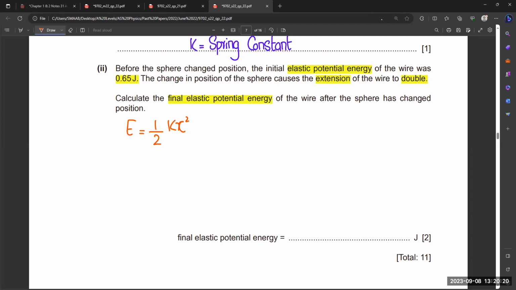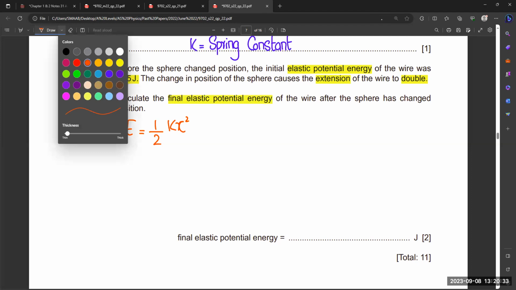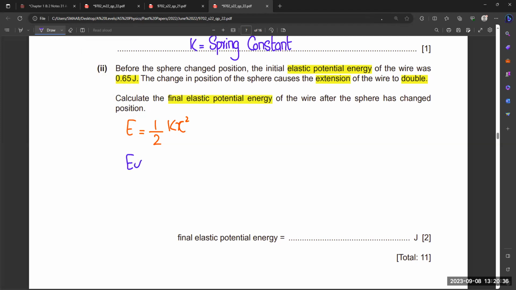Basically, they are saying that the change in position of the sphere causes the extension of the wire to be doubled. So according to this equation, we can say that energy is directly proportional to x square, right? So if x will double, E will also increase, but it will increase 4 times because there is also a square on the extension. So what we do is 0.65 multiplied by 4.